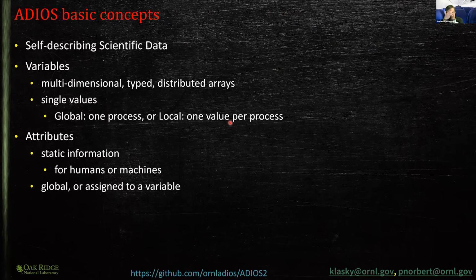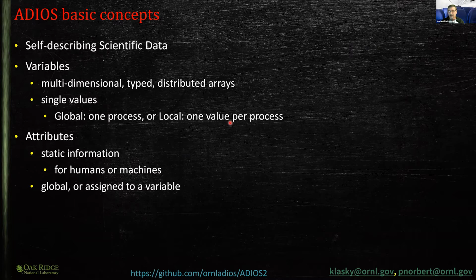Okay, so Scott told you we have the self-describing data set, and we organize the data around variables and attributes. The variables are multidimensional distributed arrays, which have a type, and multiple processes hold the data. A single value is just a single value, someone is writing it. And there are two different kinds.